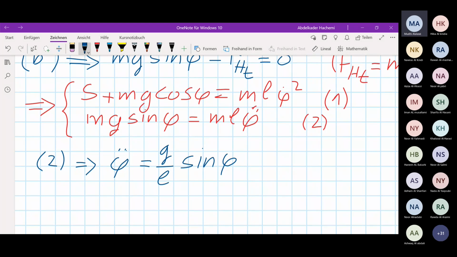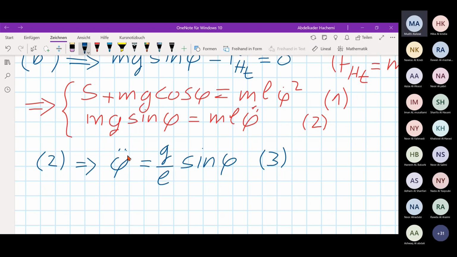Okay. Now this is called a differential equation, which we have to solve to get the expression of either the acceleration, the angular velocity, or the angle phi.